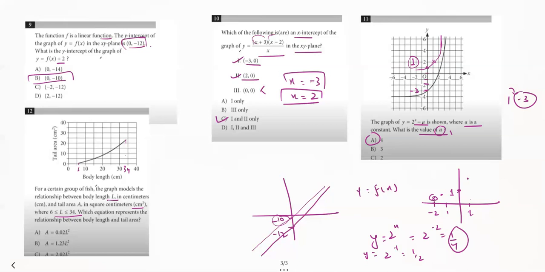So first of all, just try to find one point that passes through the major points, like this one. So this point is what? The tail area, right? A is equivalent to 5, and the body length, right? Body length is how much? 15.